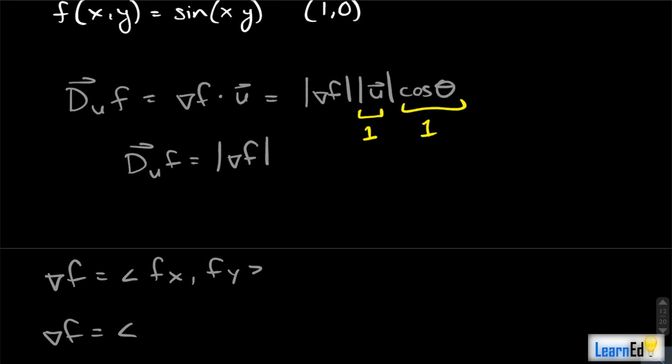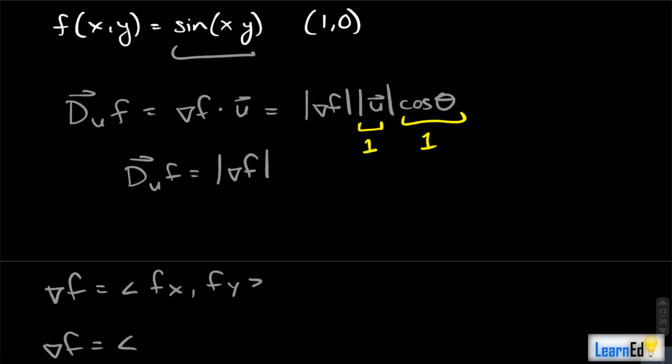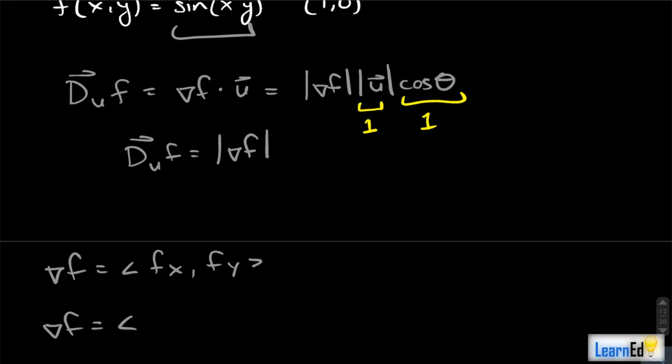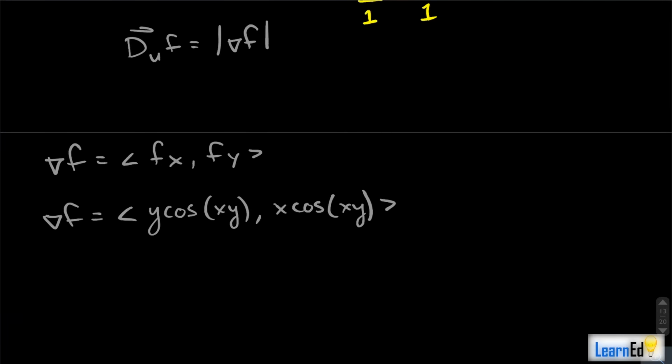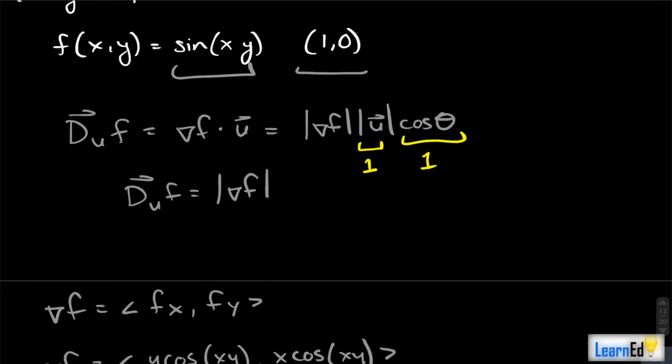Now, the partial with respect to x of sine xy is just going to be y cosine of xy, and the partial with respect to y is going to be x cosine of xy. Okay, so now we can just plug in our point. Our point is (1, 0).